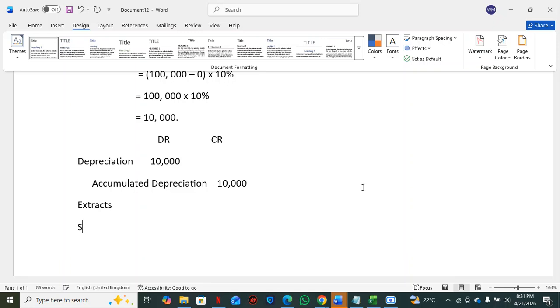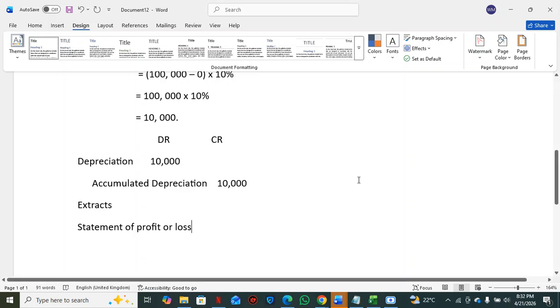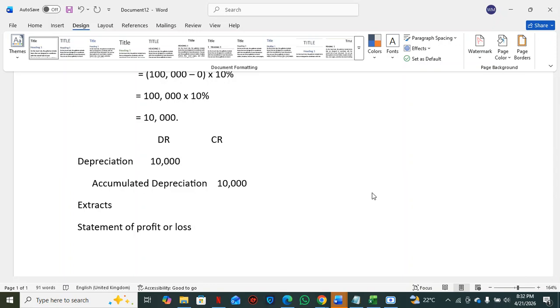Now the extracts. On the statement of profit or loss, you are going to put depreciation expense 10,000. After you've got your gross profit and added other forms of income, that's where you tabulate your expenses.